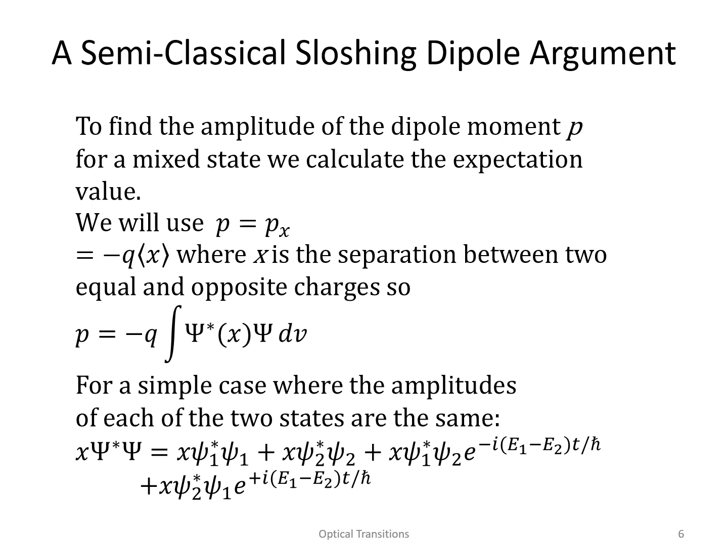For the simple case where the amplitudes for each of the two states is the same, so I've made an approximation here, then that product x psi star psi looks like this. It's got four terms to it. Psi 1 star psi 1, psi 2 star psi 2, psi 1 star psi 2, and when I do that, I find that the time dependence does not cancel out. The time dependence here canceled out, time dependence here canceled out, multiplying by the complex conjugate causes the time dependent product to be 1.